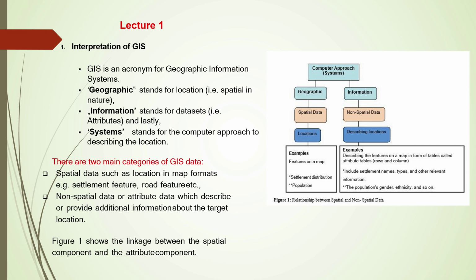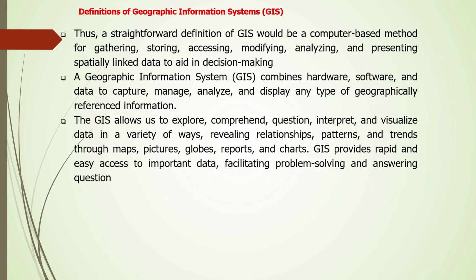They are linked together. There's a linkage between spatial data and the attribute data. That is, the spatial data are represented in maps, locations, while the attribute data describe further and provide more information about the spatial data.